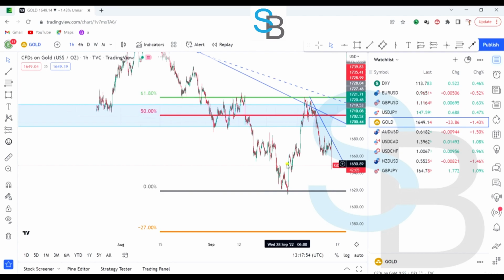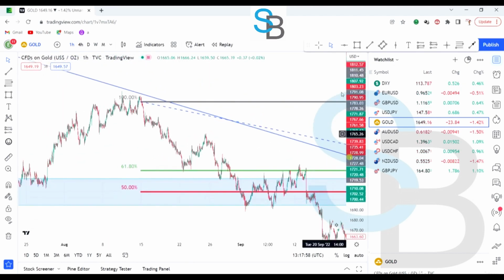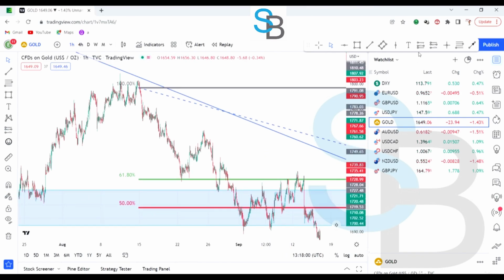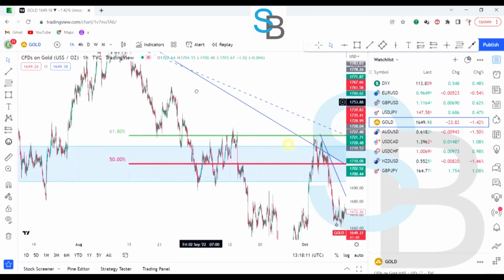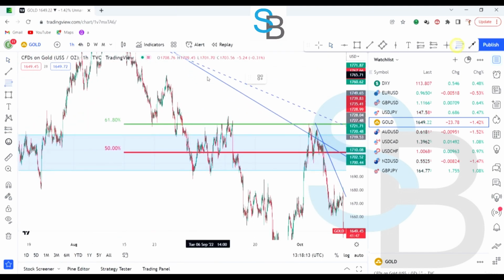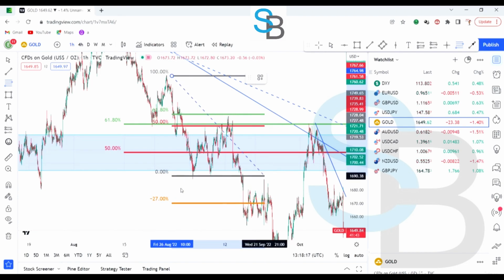You can see that after every retracement there is a continuation to the downside. Now if we drag it like this, we see that this retracement fell at the 50%, right? When we drag the Fibonacci tool from here to here, we can see that it fell at the 50% retracement.